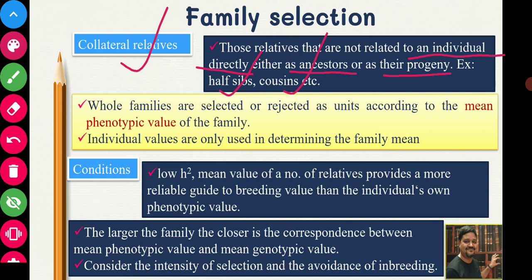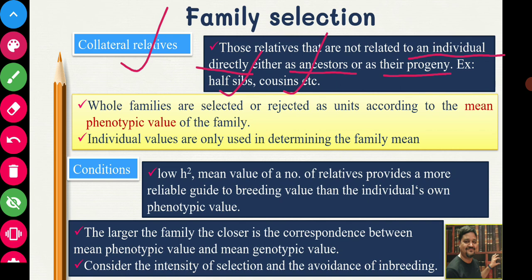Those who are not directly related to the individual. That means they are neither a direct parent nor direct progeny. Examples are half-siblings, cousins, etc. So this was about the collateral relatives.